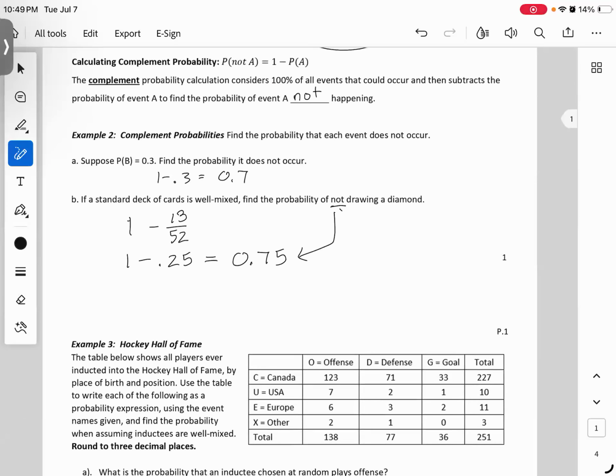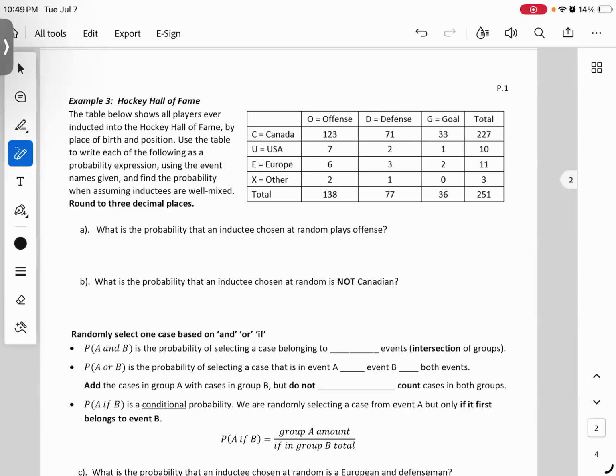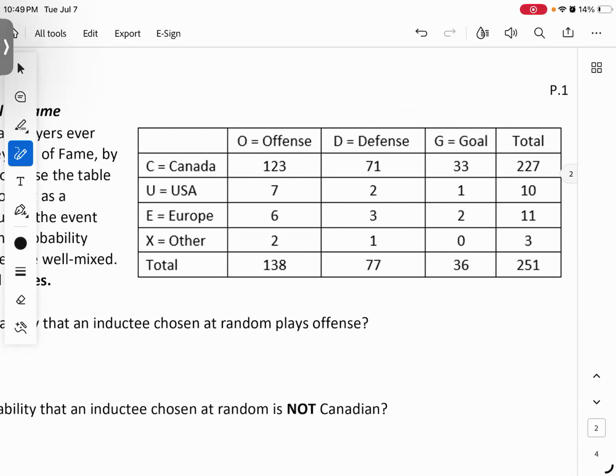Now, what we're going to be doing in this section is a lot of times leveraging one of these. This little table that you see here is a two-way table. And again, two-way tables, we've seen these before. It's because there's two different categories, two different categorical variables. This is about hockey, and more specifically the hockey Hall of Fame, like the best of the best players. And so one of the categorical variables is the country, right?